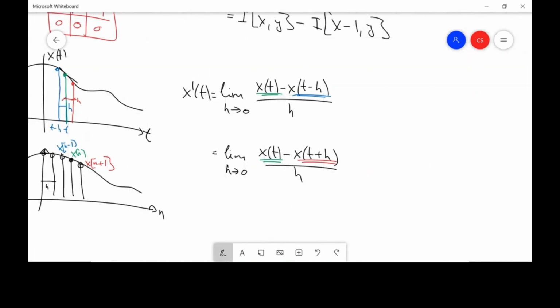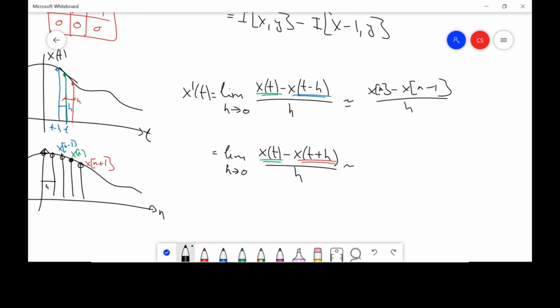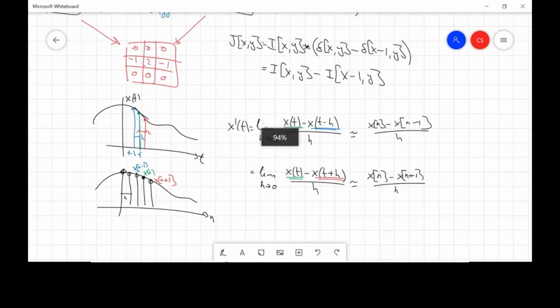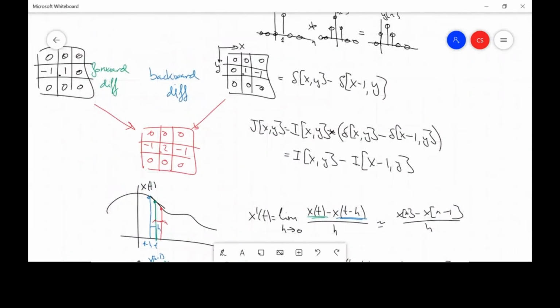So the derivative takes the limit when h goes to 0. I cannot go to 0. But approximately, this is equal to x of n minus x of n minus 1, divided by h. And this is approximately equal to x of n plus 1 minus x of n, divided by h. And these are the convolutions with my kernel. You see? You have the same kind of expression.